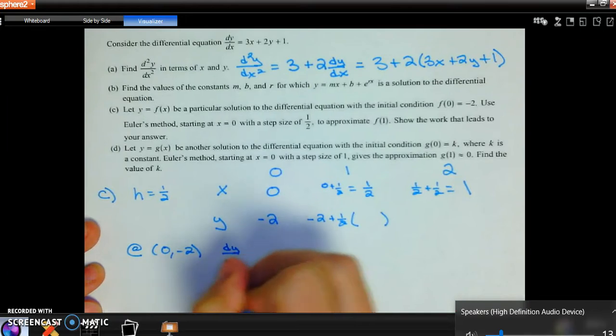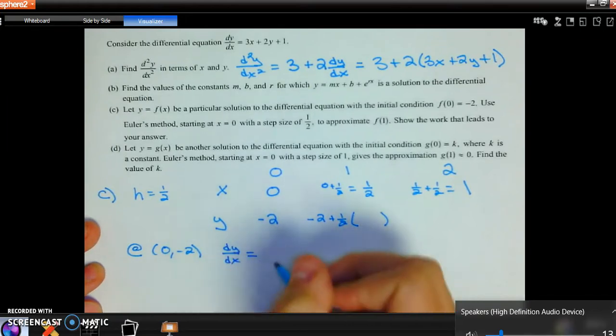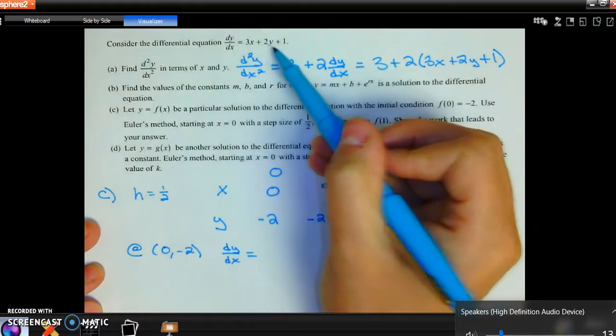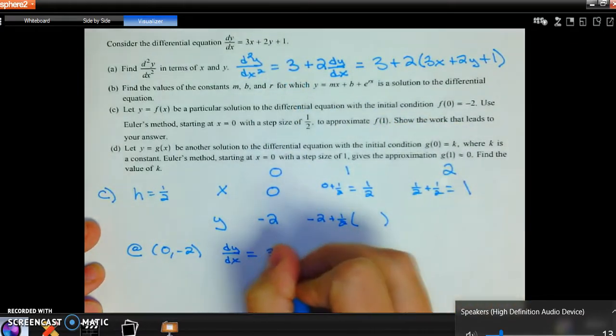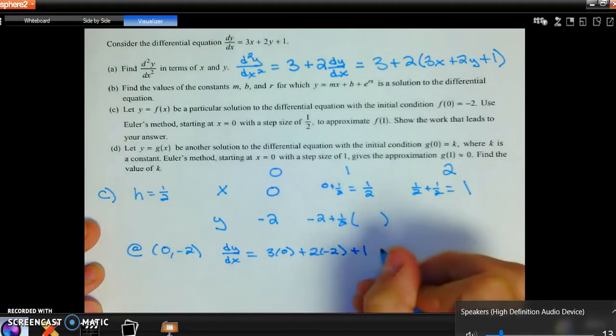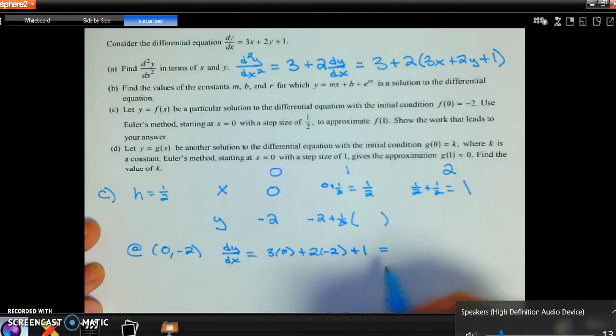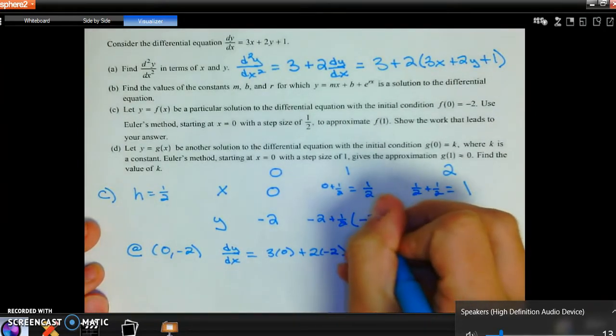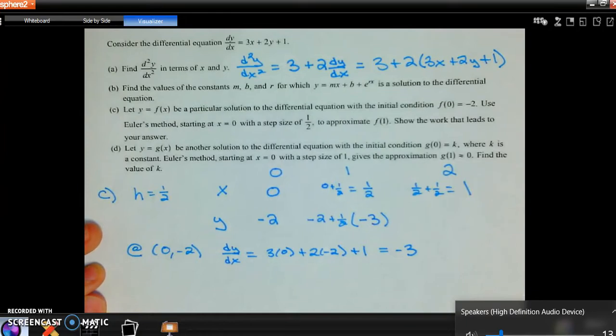So at (0, -2), dy/dx equals, well, all I need to do is take this 0, plug it in for x, take -2, plug it in for y. So you get 3 times 0 plus 2 times -2 plus 1. With some quick math there, 0 minus 4 plus 1 gives me a -3. And this -3 is what's going to go in here.